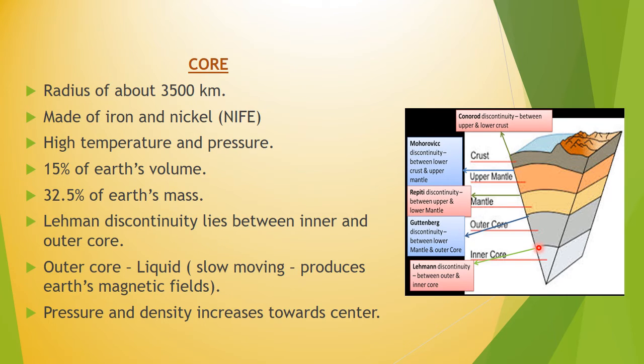This is Lehmann discontinuity and this is outer core and this is inner core. Outer core is liquid in state, slow moving, and produces Earth's magnetic field. Pressure increases towards the center. If you go from top to bottom, the pressure and density increase.